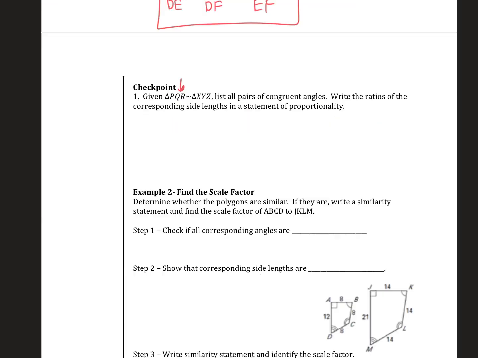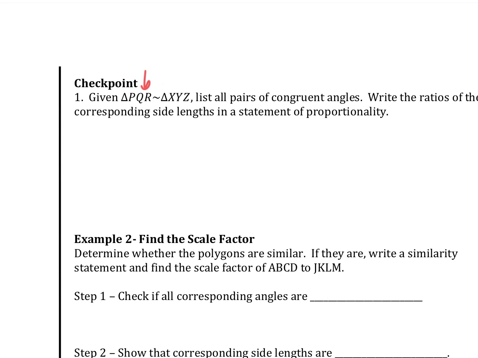All right, let's do this one. We have to list all the congruent angles. So angle P is congruent to what angle? Angle X. Angle Q is congruent to what angle? Angle Y. And angle R is congruent to what angle? Angle Z. Okay, so those are the angles. Then we need to list the side lengths that match up. So PQ matches with XY.